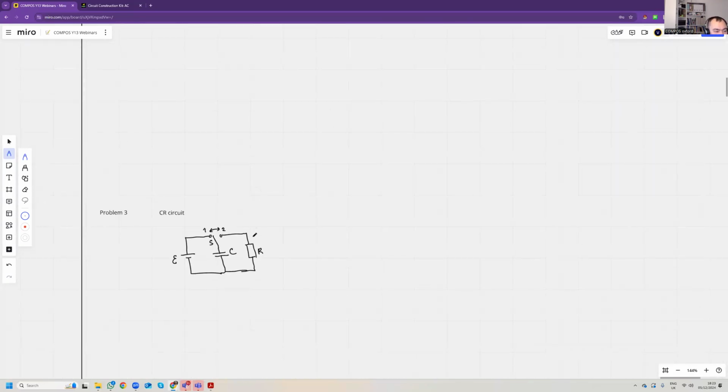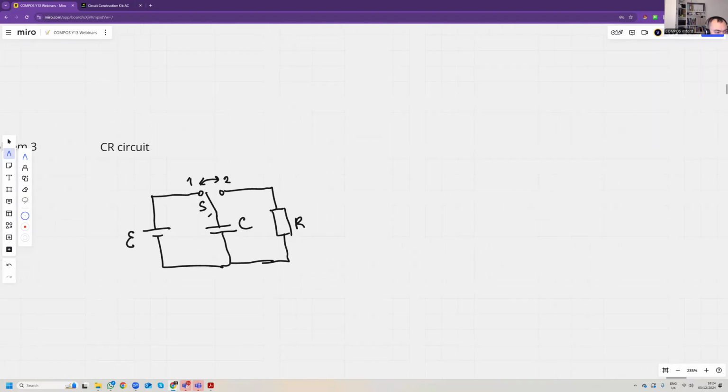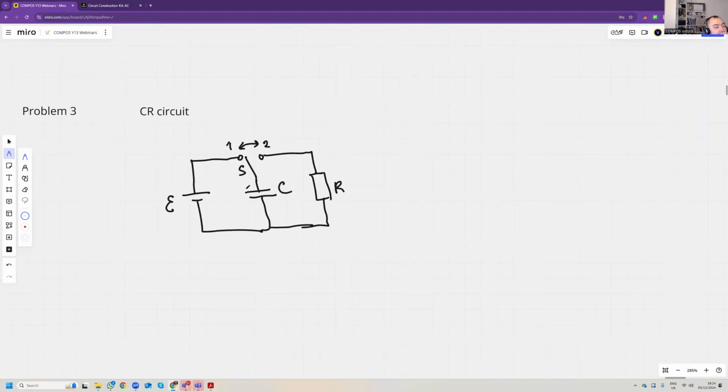Now let's look at this circuit. When the switch is in position 1, the capacitor charges. Positive charge flows onto the top plate of the capacitor, and negative charge flows onto the bottom side of the capacitor.